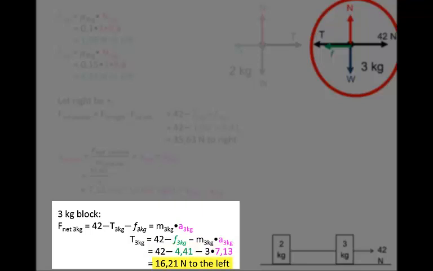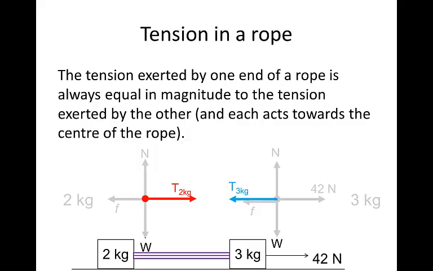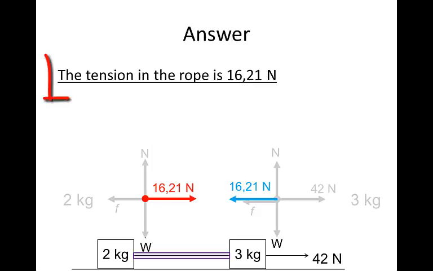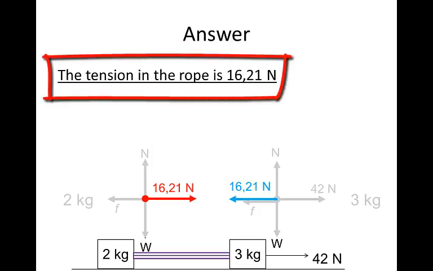We do the calculation, we find the same answer again, 16.21 newtons, but it's now to the left. And that's simply because tension always acts towards the center, but the magnitude on either end is equal. So our final answer is that the tension in the rope is 16.21 newtons. And we don't really need to give a direction, because that implies always that tension acts towards the center. So the direction of tension is always to the center of the rope.